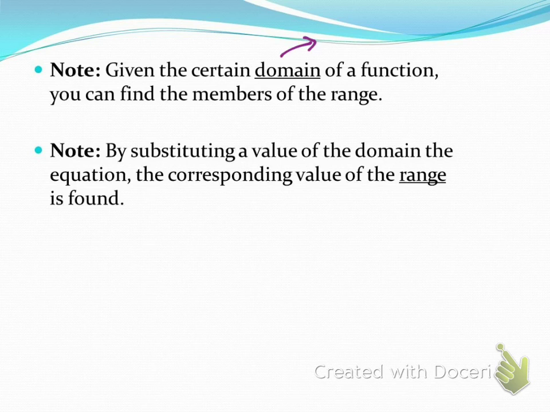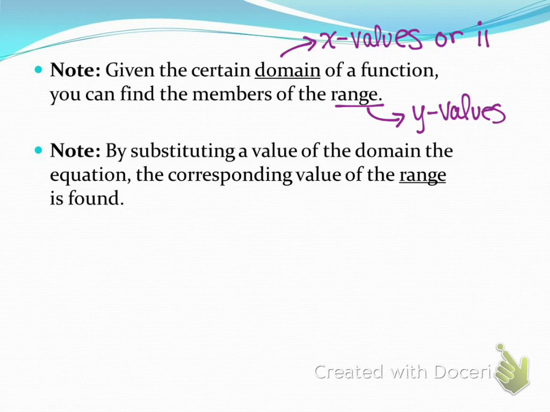Usually domain refers to the x coordinates or x values. What do you think the range refers to? The y values. Range refers to the y values. We also call this the input and the output because we don't always use x and y. So domain would then be the input, and range would then be the output.